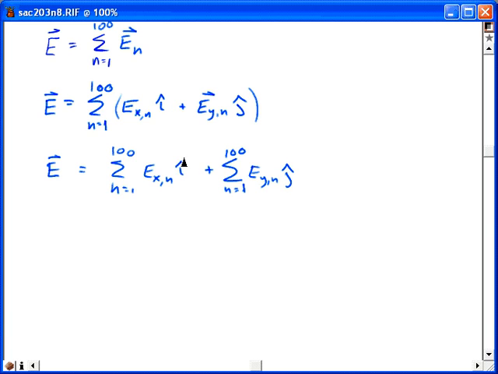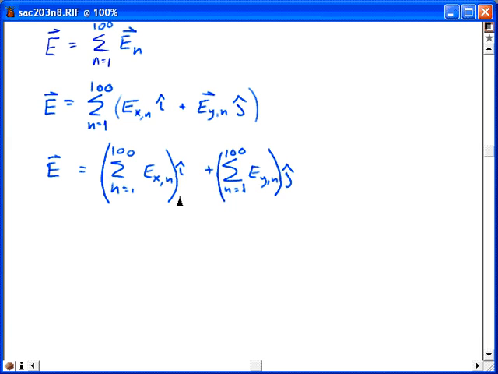In this sum of 100 terms, every one of them has an i in it, so I can factor that out, and similarly for the j. So what I can do to get E is find the x component for each of the 100 particles, add all the x components together, and do the same thing for the y components separately, and then I'll have the answer for E.